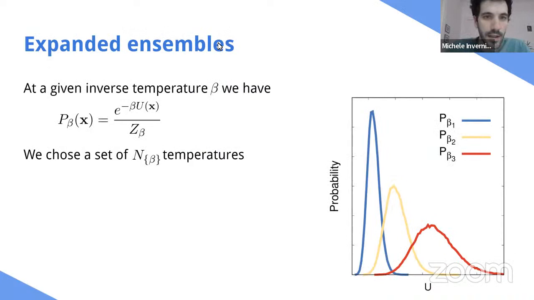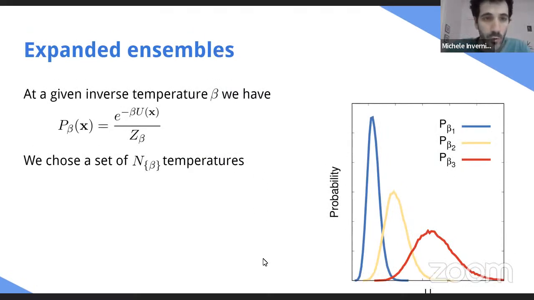Again, the easiest expanded ensemble is probably the one sampled by, for instance, parallel tempering. So it's an expansion in temperature. Let's say that we have a given inverse temperature beta. This will be the corresponding probability distribution, where U is the potential energy and Z is the partition function.